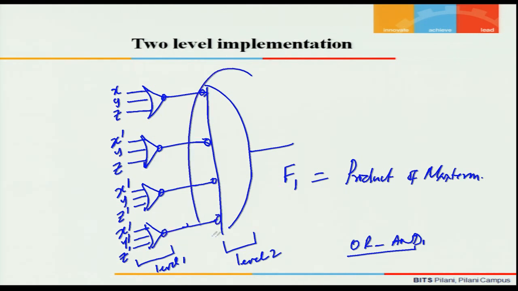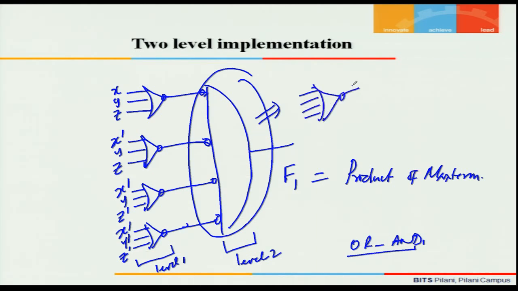Now, this becomes an equivalent representation of a 4 input NOR gate. So, what I get here is a circuit implemented using 2 levels of NOR gates. So, we also call this a NOR implementation.